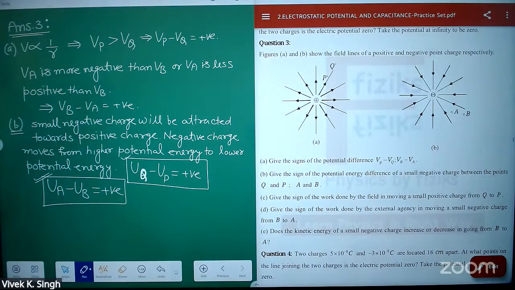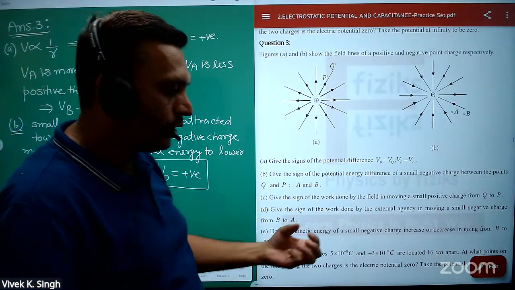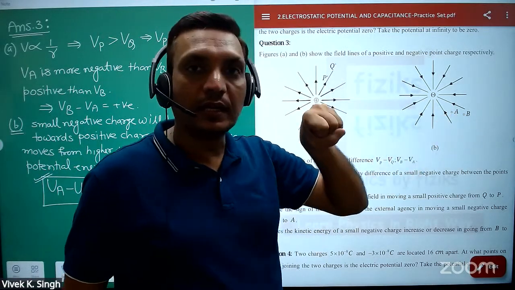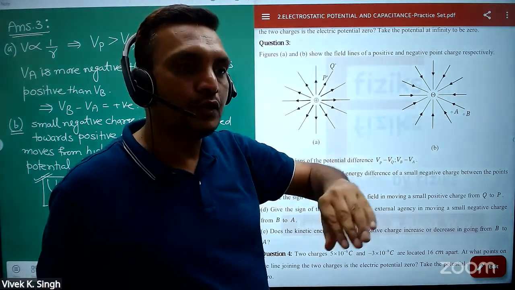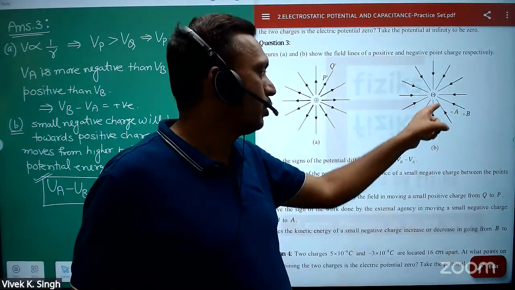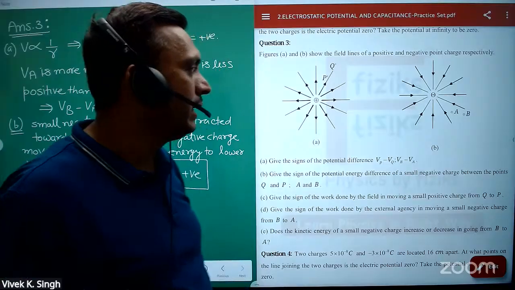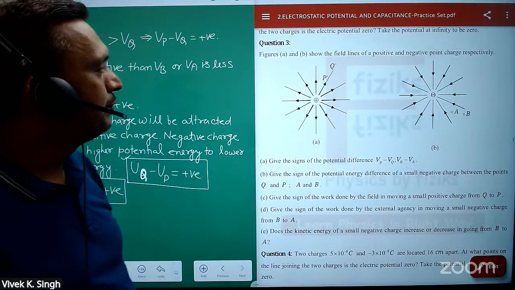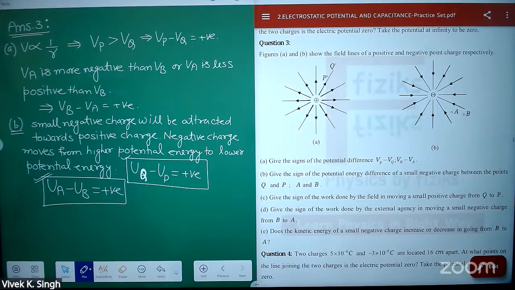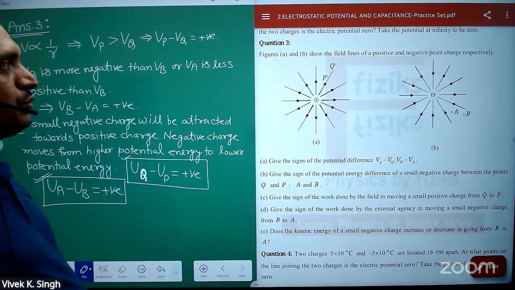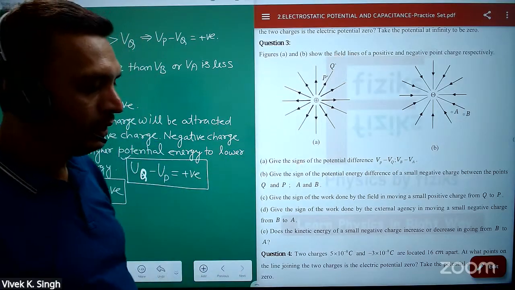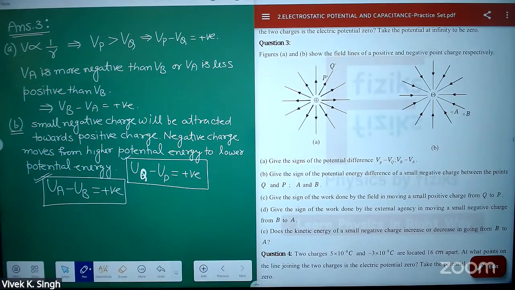Work done by the external force will be positive. But here the work done will be negative, so at this point potential energy will be high and here it will be low. Clear?